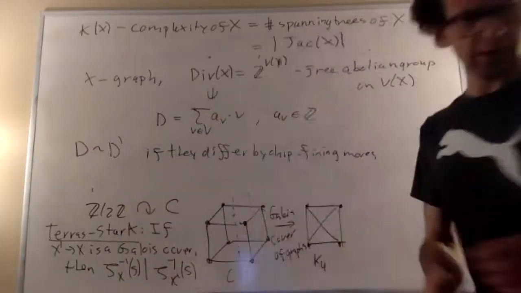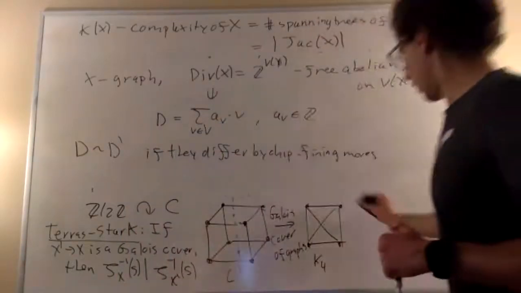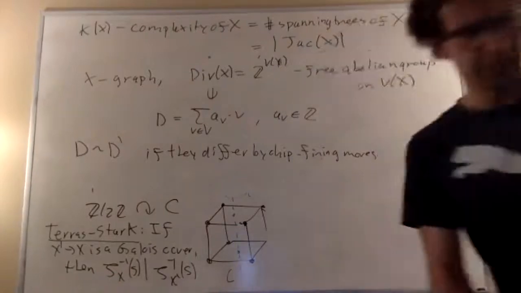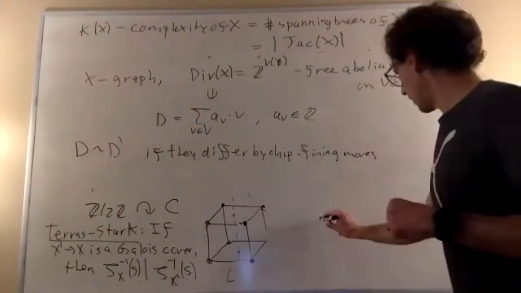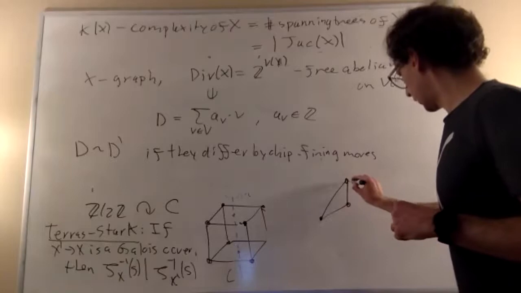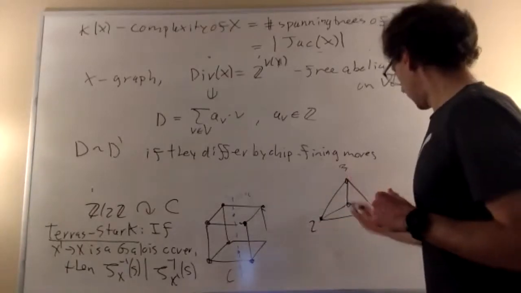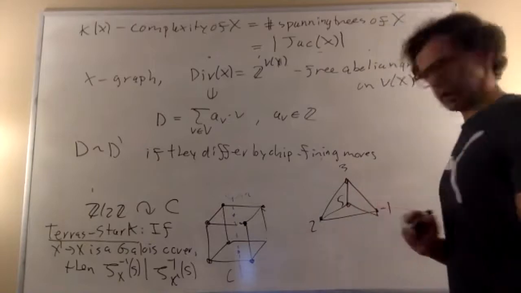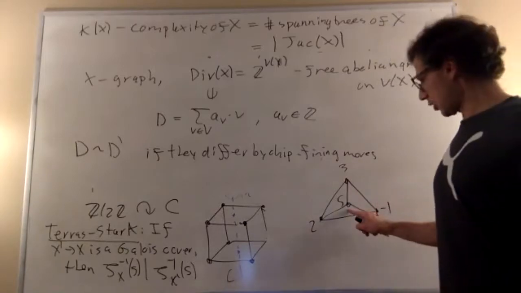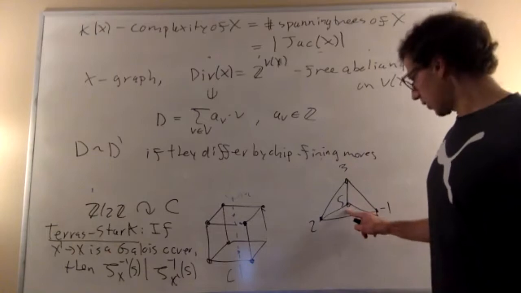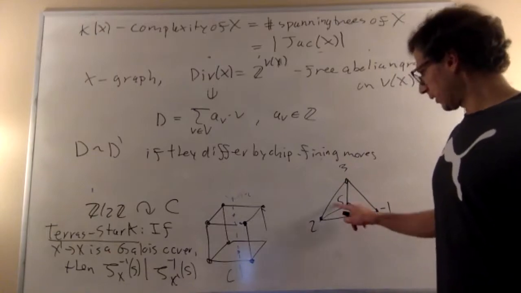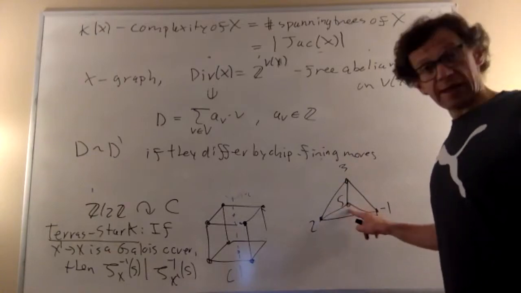Let me just draw a picture. Let's say that you have a divisor on K4, which looks like this. Maybe there's a 2 here, a 3 here, a 5 here, and a -1 here. Then a chip firing move looks like this. You take this vertex, and you think of there being a stack of 5 chips at this vertex.